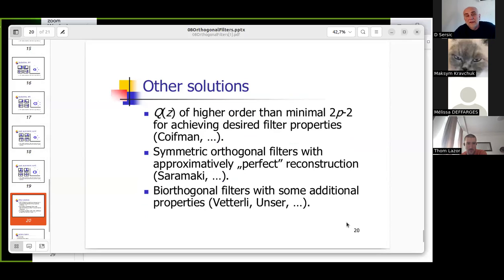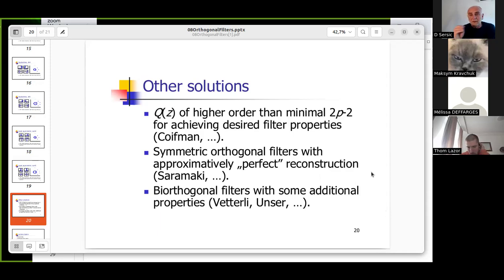So there are so many other solutions. For example, I said that we don't have to have a minimal Q polynomial. We can have many more coefficients, then you have some additional degrees of freedom in your design to achieve some desired properties of the filters. Some authors, like Saramäki from Finland, actually skipped the perfect reconstruction.